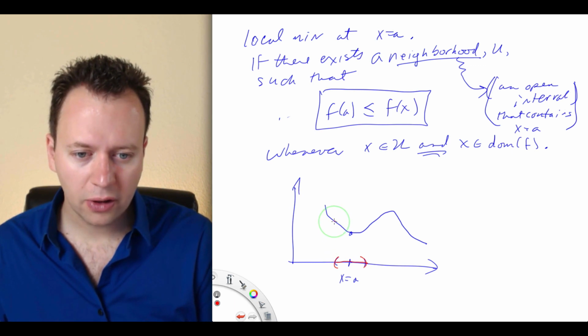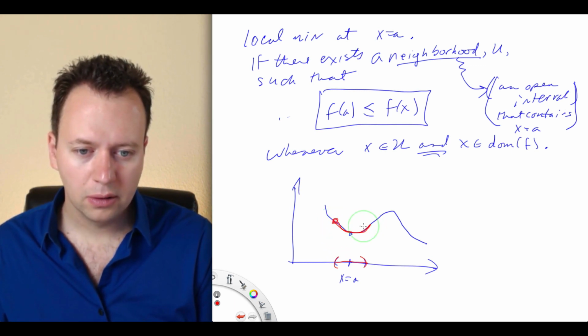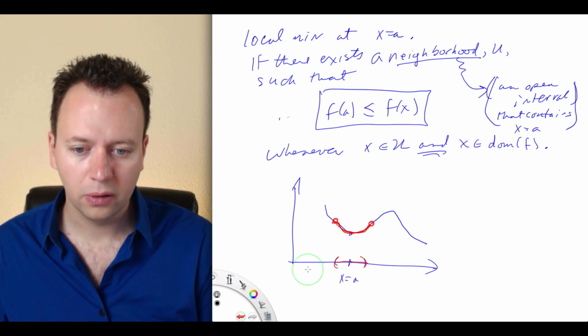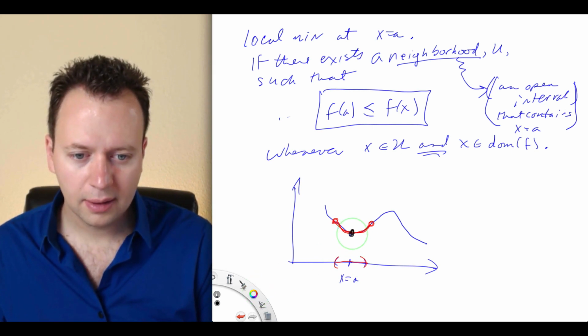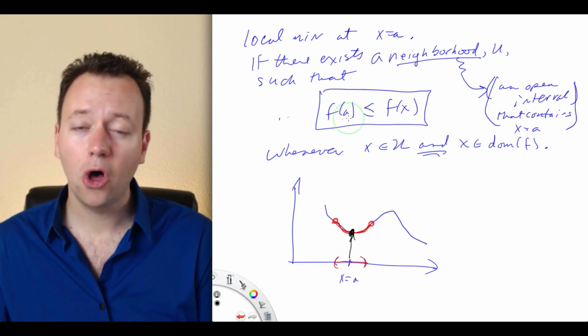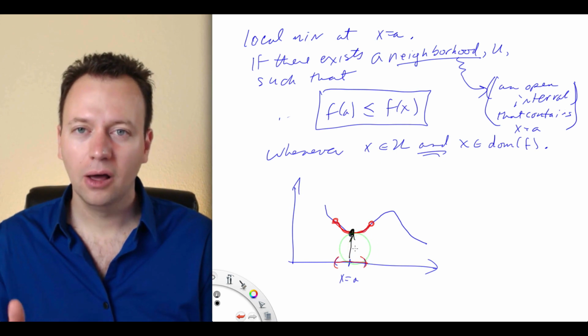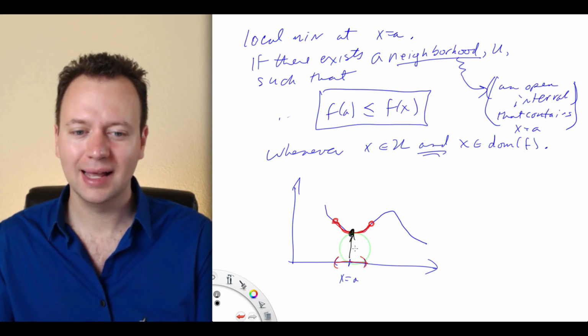And the points on the graph that correspond to that open interval are just the points highlighted in red. So out of all the x values on this interval, the output exactly at x equals a is always less than or equal to the output at any other x on that open interval that contains the point a.